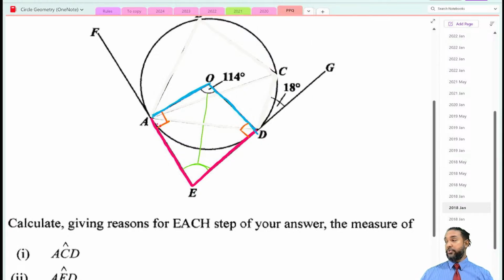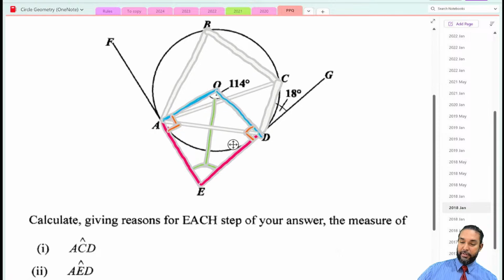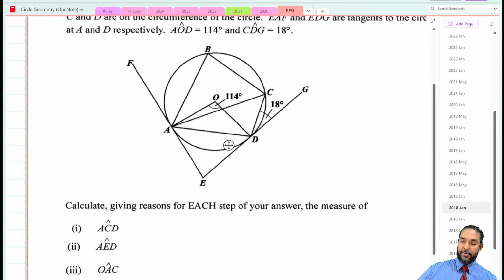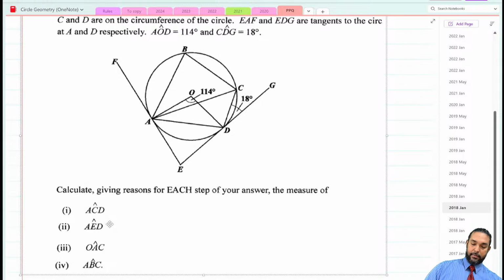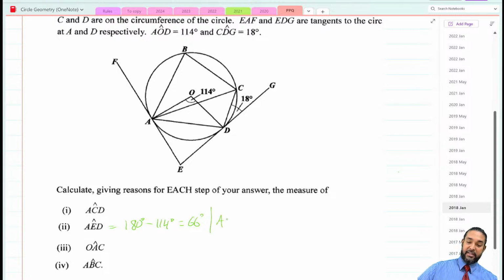We have two 90-degree angles which together sum to 180, which means the remaining two angles, the 114 and the green, have to sum to 180 as well. So to find the green angle, we simply subtract 114 from 180, which is 66. The only thing is, they didn't give us an articulation of this. You could just say that AOD and AED are supplementary.